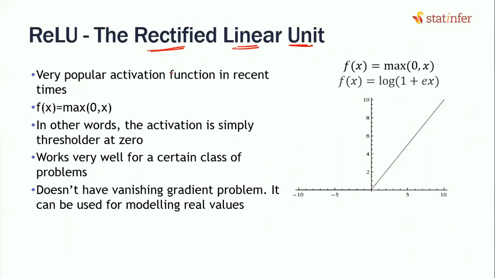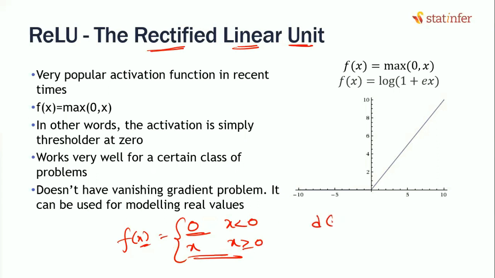Rectified linear unit function is simply max value of 0 comma x. If the value of x is less than 0, it will be 0. If the value of x is greater than or equal to 0, then it will be x. What will be the derivative of x? Can somebody tell me? Do you remember the derivative of x?